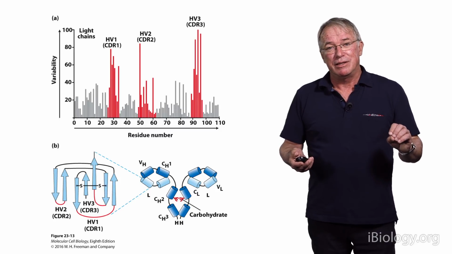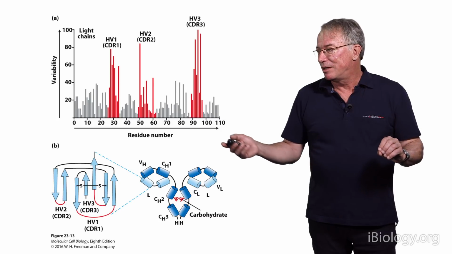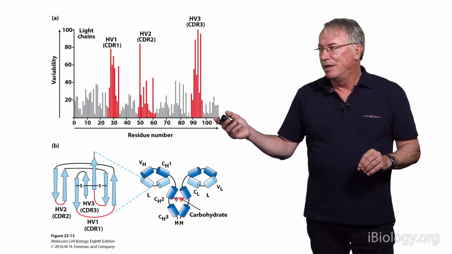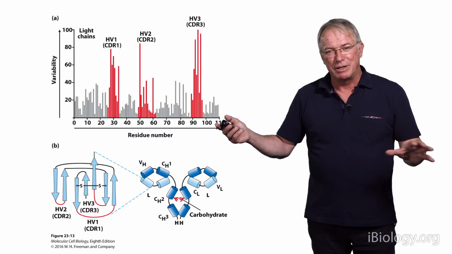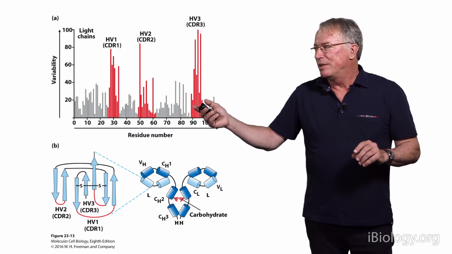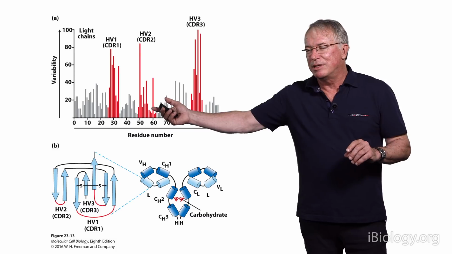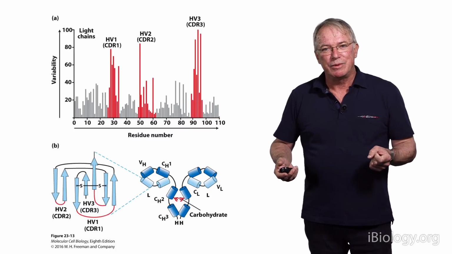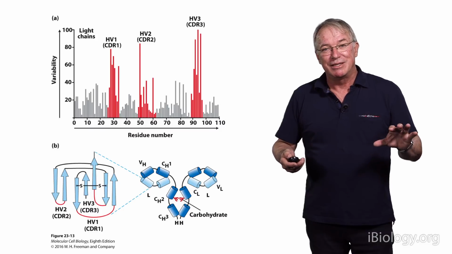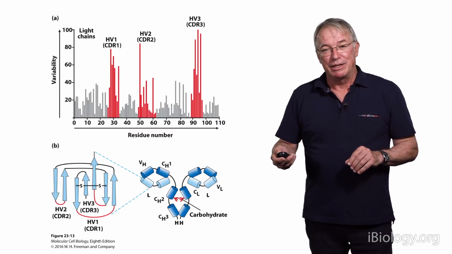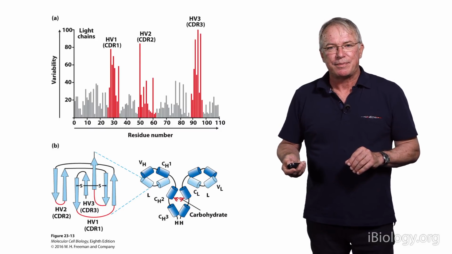This is not to say that other residues cannot vary, as is clear from the gray bars, which indicate the variability index, the extent to which different variable regions might differ from one another. But the bulk of the variation occurs in these three hypervariable regions, also called complementarity determining regions, because that is exactly where binding of the antigen occurs.